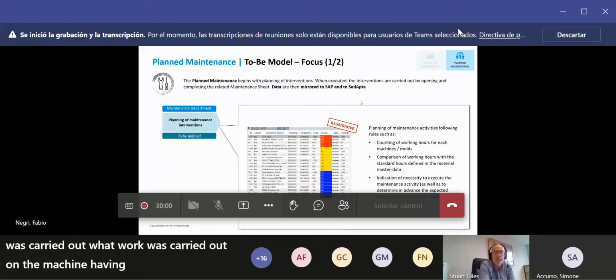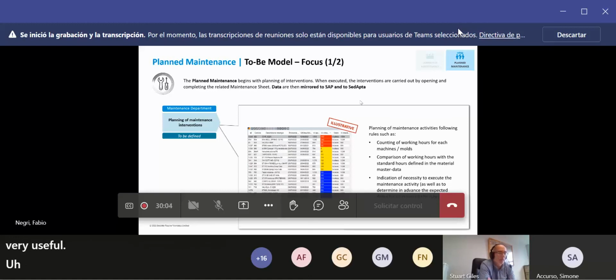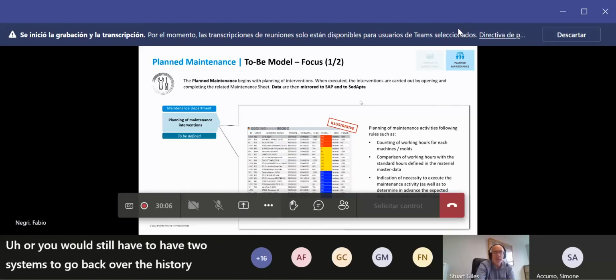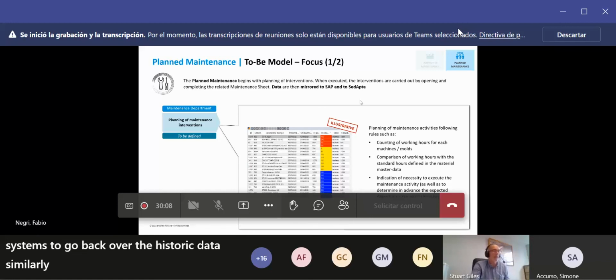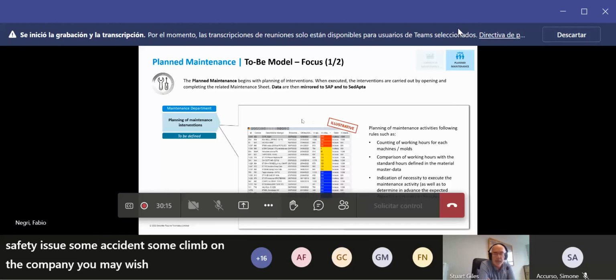Having that availability is very useful, or you would still have to have two systems to go back over the historic data. Similarly, if there was some health and safety issue, some accident, some claim on the company, you may wish to go back over the data, maybe over many years, to see what interventions were undertaken. So I don't really mind which way we go forward, as long as we do not lose access to the data, because the historic data has a value and importance to the business.